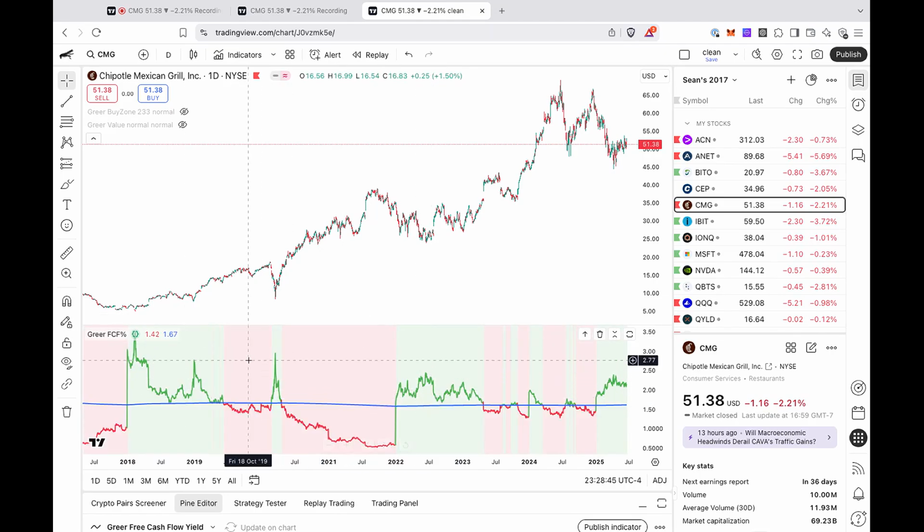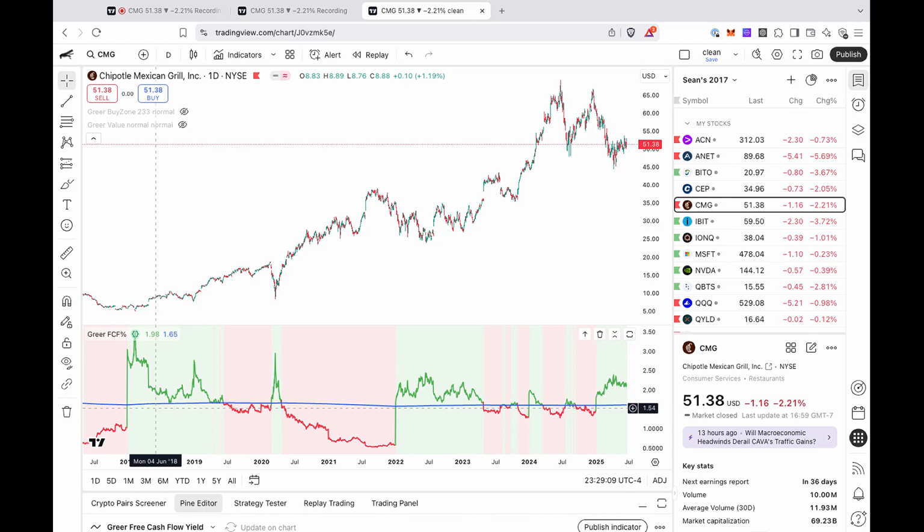As you can see here, this blue line is the average over the years of its percentages. You can see the blue is 1.65, so almost a 2% free cash flow yield, based on how much cash flow they're generating relative to the current price.